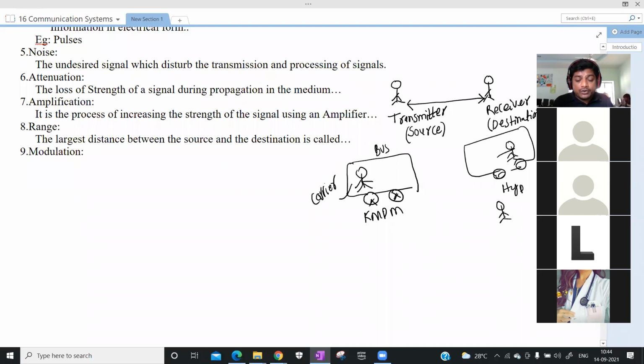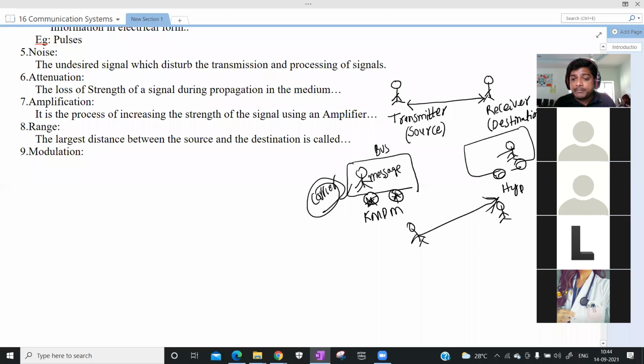The process of superimposing the message signal, you are nothing but the message signal, onto the carrier wave is called modulation. Whenever we do like this, we can reach very fast. If you go directly without any carrier, can we reach Hyderabad?